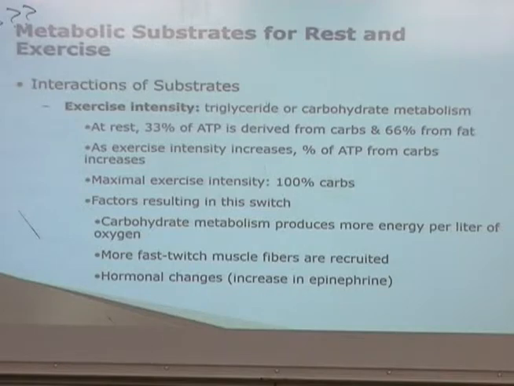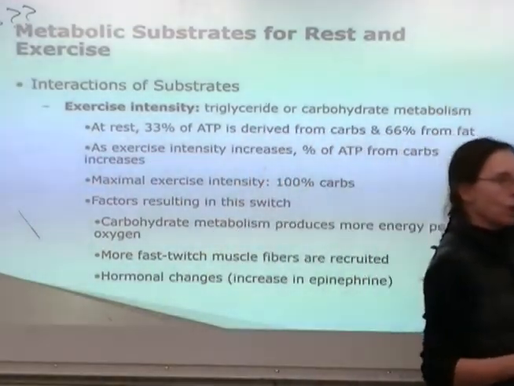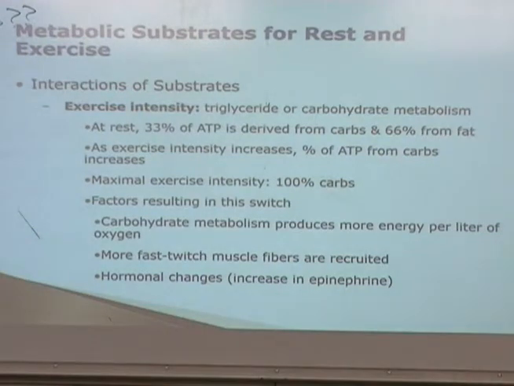So we have a continuum from not working very hard, can be a lot of fat use, to working very, very, very hard would be basically completely carbohydrate use. So, some of the things that make that occur when we look physiologically is that carbohydrate is going to produce more energy per liter of oxygen. So it's not more energy per molecule, but for the amount of oxygen I can get in, I can get at more carbohydrate. It's easier to break down.